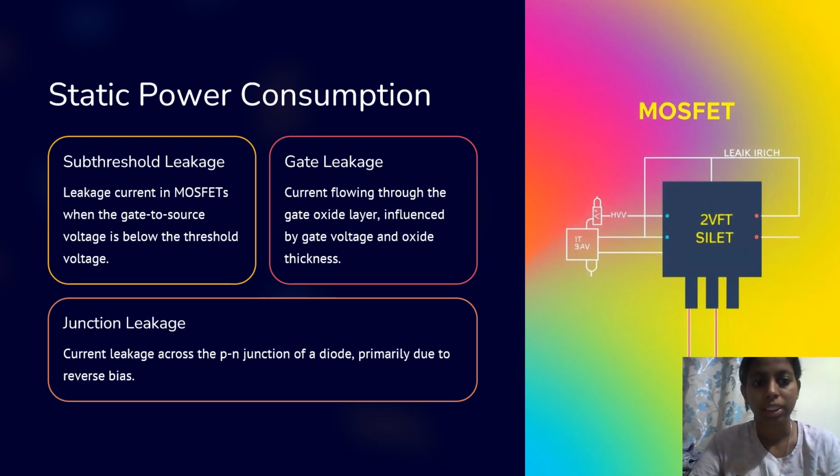The first one is sub-threshold leakage: leakage current in MOSFETs when the gate to source voltage is below the threshold voltage. The second one is gate leakage: current flowing through the gate oxide layer, influenced by gate voltage and oxide thickness. And the third is junction leakage: current leakage across the PN junction of a diode, primarily due to reverse bias.